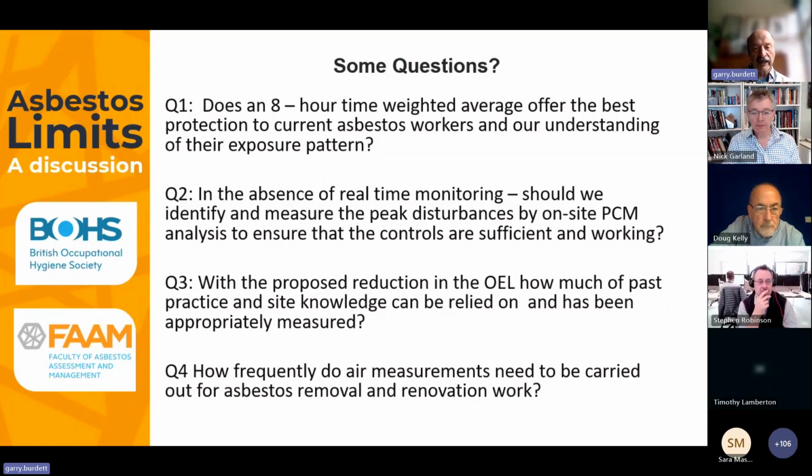If we're looking at 10 times lower, do we really know that this works? And how frequently do we need to take air measurements to know that we have things under control? So these will appear in the chat box, and I'll now try and stop sharing.